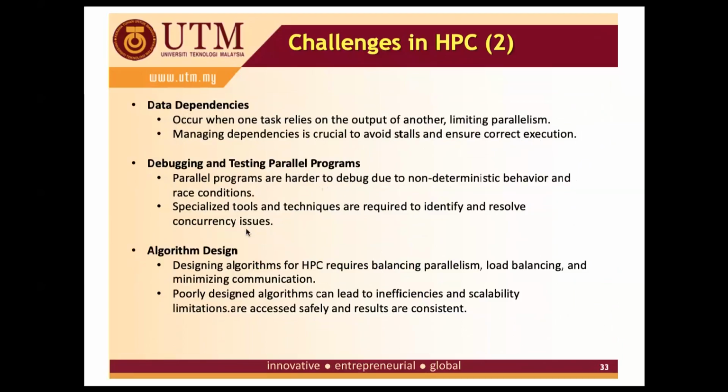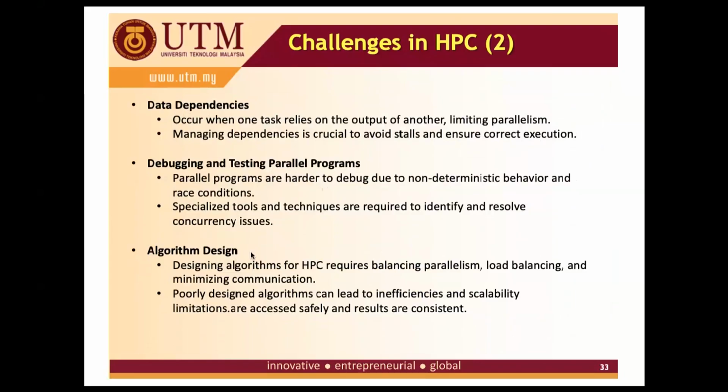And algorithm design: designing algorithms for HPC requires balancing parallelism, load balancing, and minimizing communication, and poorly designed algorithms can lead to inefficiencies and scalability limitations. So this is an example of a topic that you can explore.